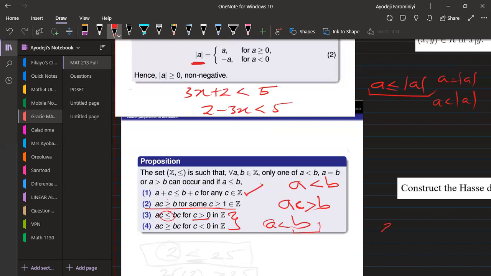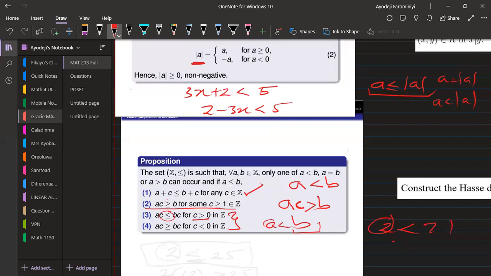So consider 2 less than 71, for instance. Are you with me? Yes. There is a particular C that you multiply by 2 such that this whole thing will be bigger than 71.